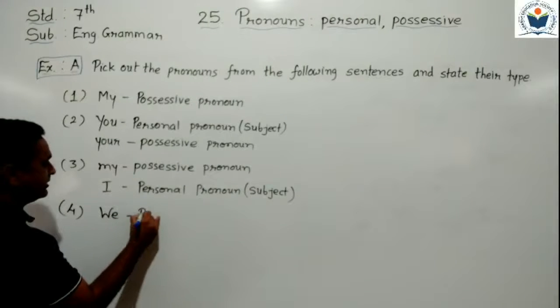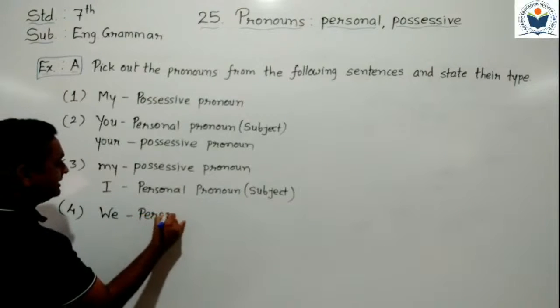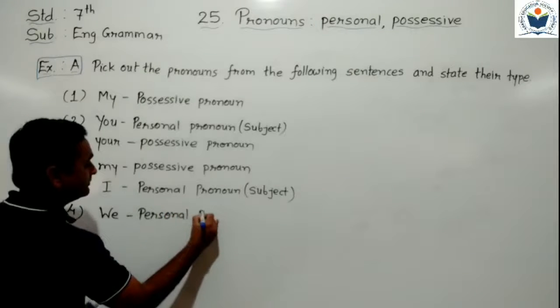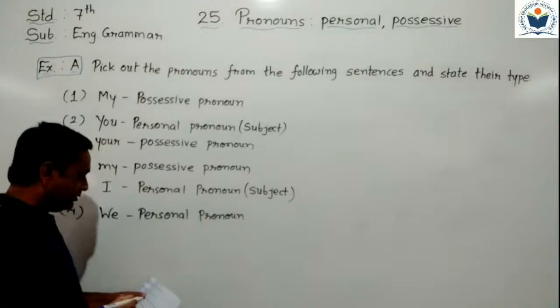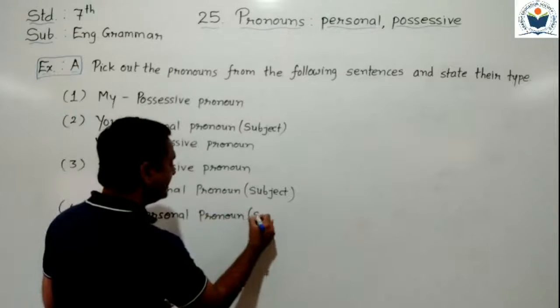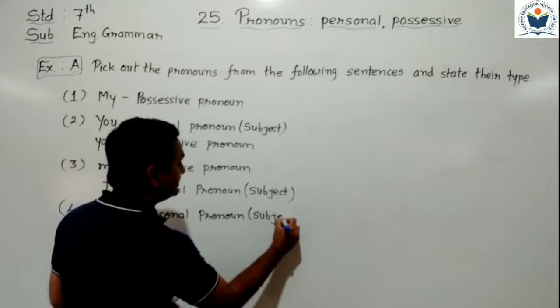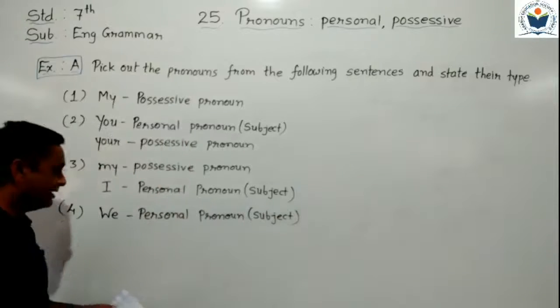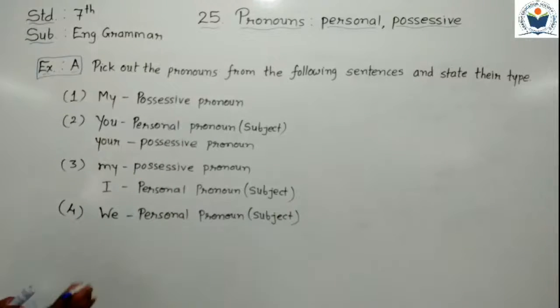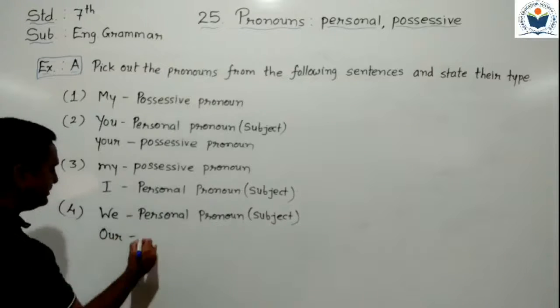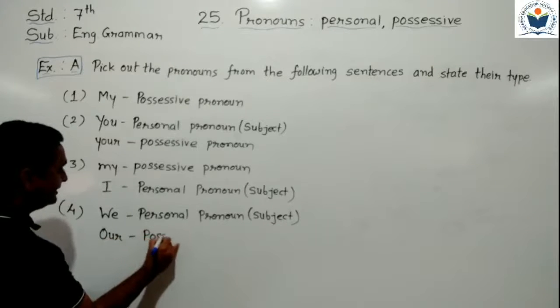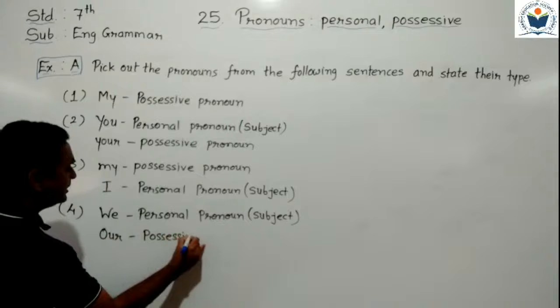Yes, personal pronoun. Which type is that? Subject or object? Here it is used as a subject personal pronoun. Then the second one is our. Our is used as a possessive pronoun here.